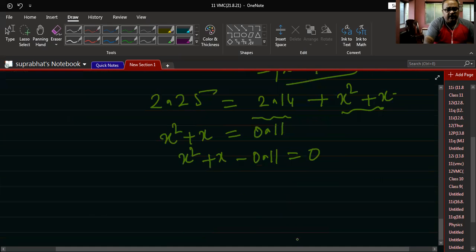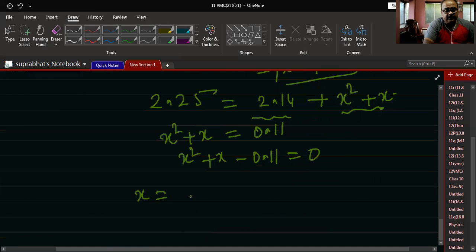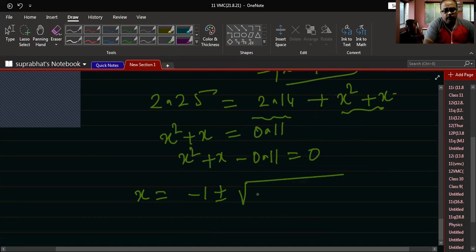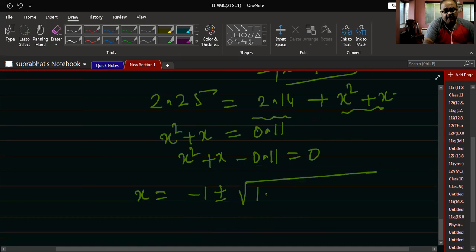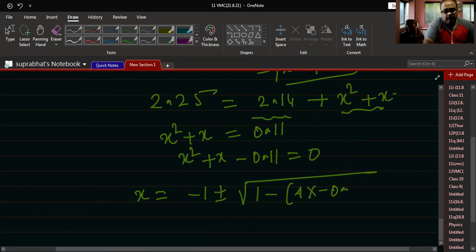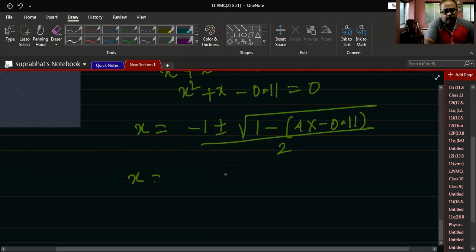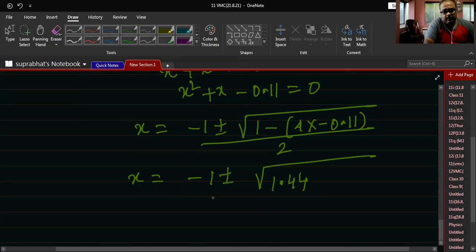We can find this by using the Sridharacharya formula. That will be x equals minus 1 plus or minus root of 1 minus 4 into minus 0.11, whole divided by 2. So x equals minus 1 plus or minus root of 1.44, divided by 2.